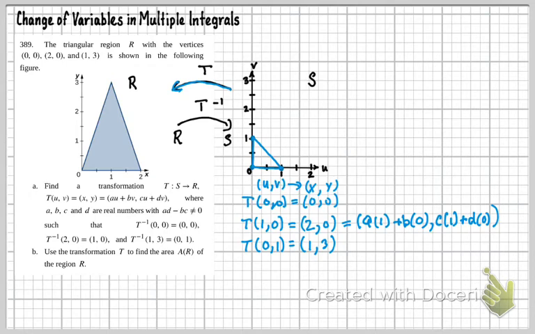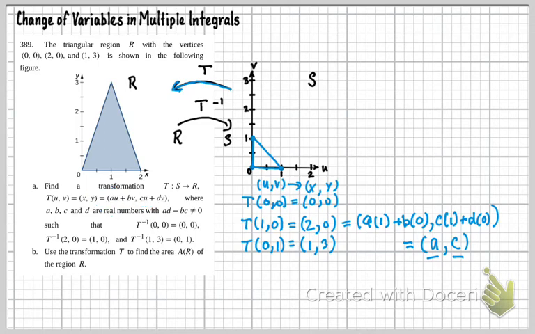To simplify, I'll write it over here: this would be (A, C), because B times 0 is 0, and D times 0 is 0. Now the interesting thing is that this A and this C are x's, because look at our formula: AU plus BV equals my x, and CU plus DV equals my y.